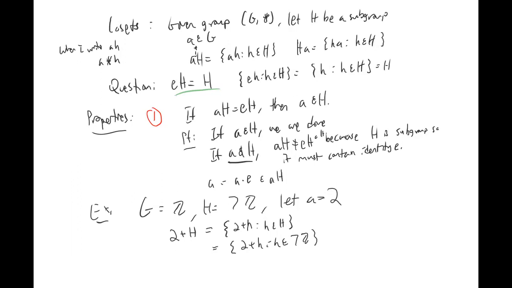Okay. So we're going to define G mod H to be the set of cosets, where G is a group and H is a subgroup. So a priori, how would you write the elements here?